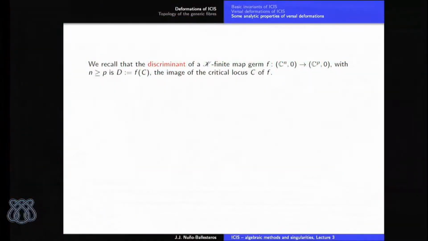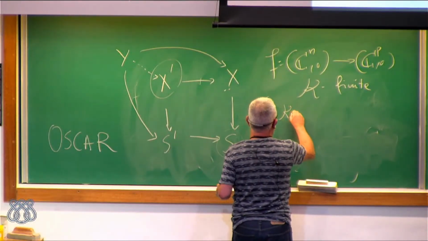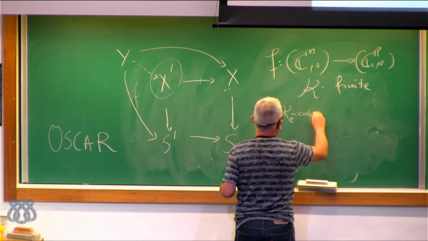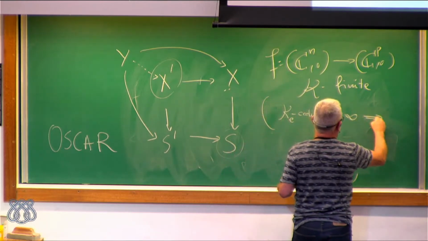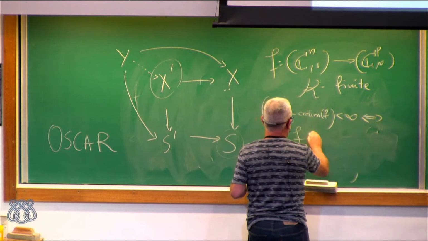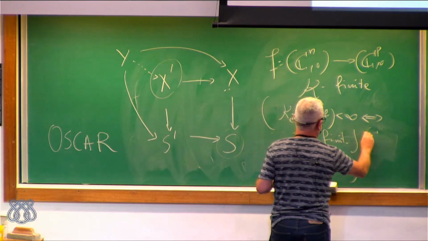Okay. So K-finite means that the K-codimension of F is finite, and equivalently that F is finitely K-determined.